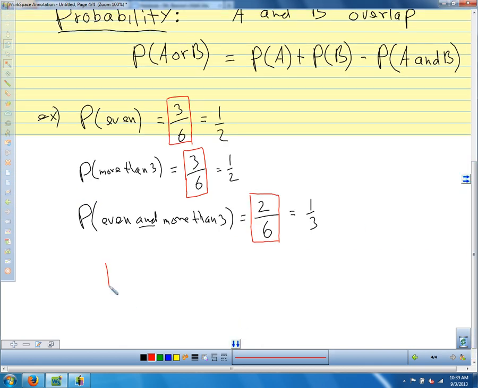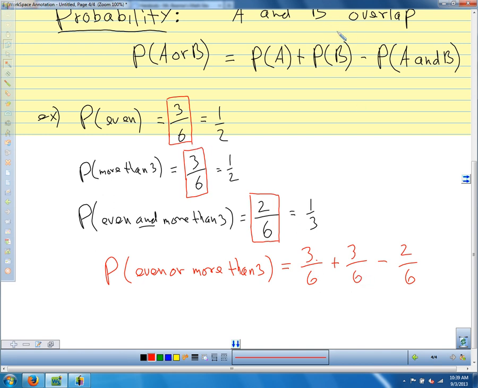So our probability now, using our rule, of even or more than 3. Sorry, let me go back to my fractions. I want to use a common denominator here. 3/6 for this one, plus 3/6 minus 2/6. Probability of the even plus the probability more than 3.